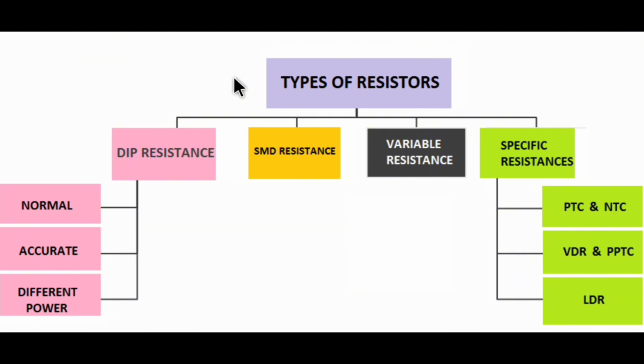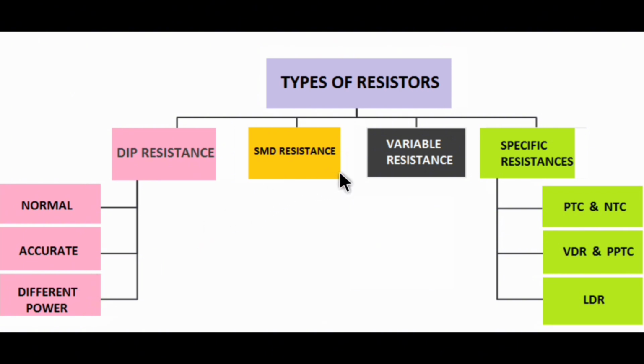In the following, I want to introduce the types of resistances to you. Before that, we will make a division so that the mind is more prepared. I will introduce the resistances in 4 categories. Deep resistors, which are normal or accurate resistors or resistors of different power.